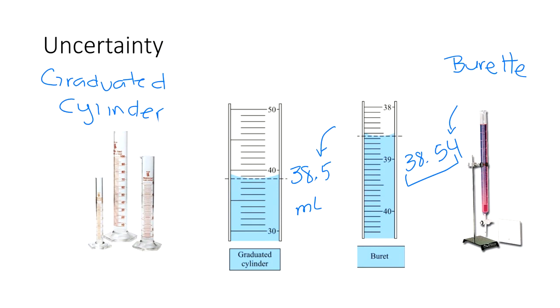Now, this wasn't a human error, because it is not something that depends on me or my ability of reading the level. That was due to the limitations of the equipment. So a graduated cylinder produces more uncertainty than the burette. And I really wanted to explain this, because in the discussion of your results or your conclusions in your report, usually people tend to blame human errors.